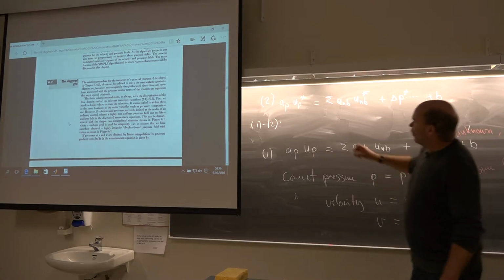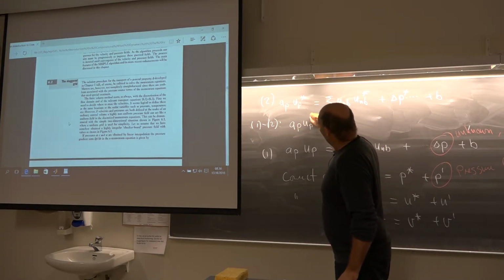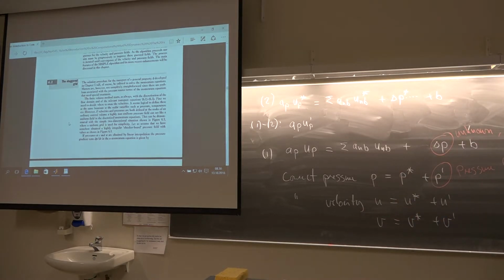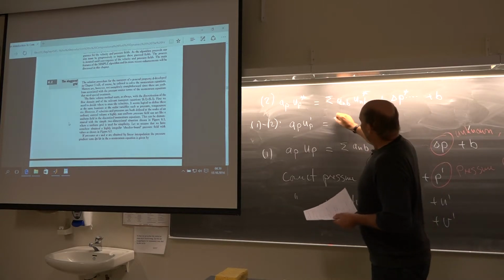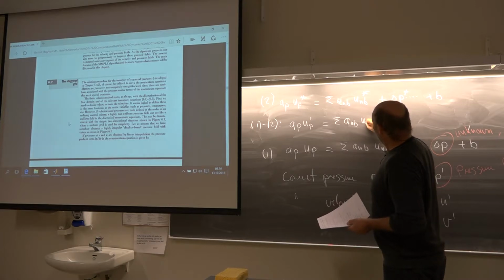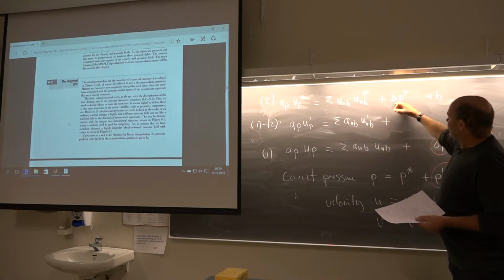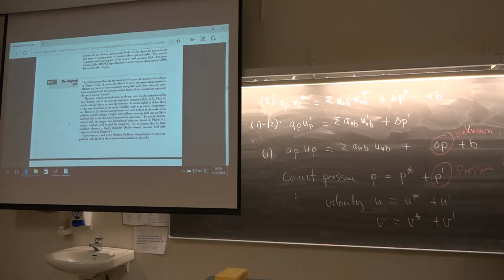So you end up with this equation here, AP U_P correction equals, and then all the neighbors, U neighbor correction, and then delta P correction. The constant B, he will fall.